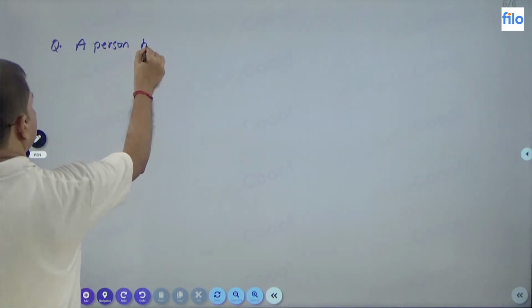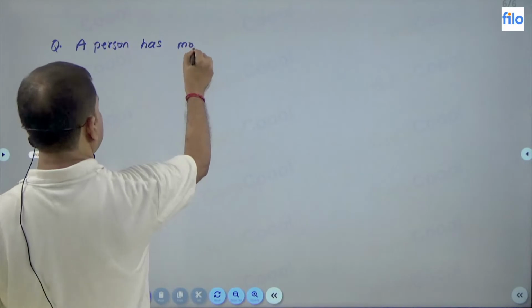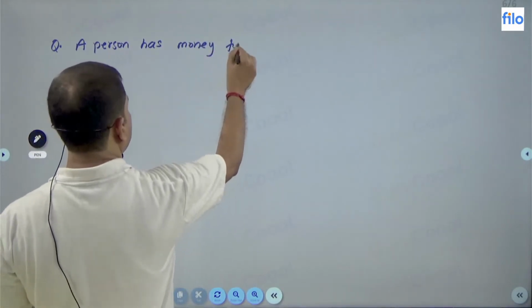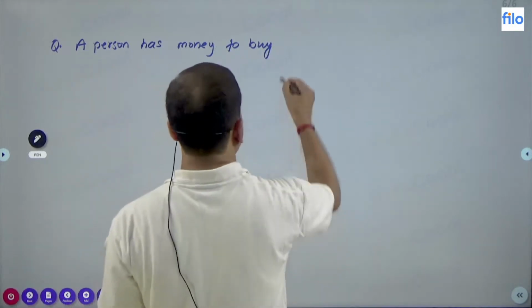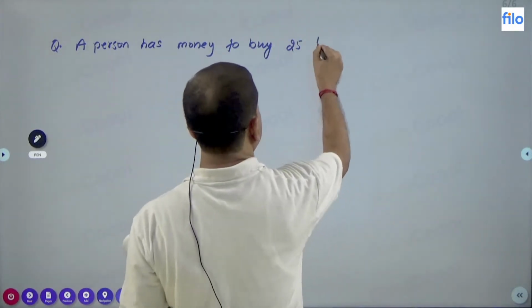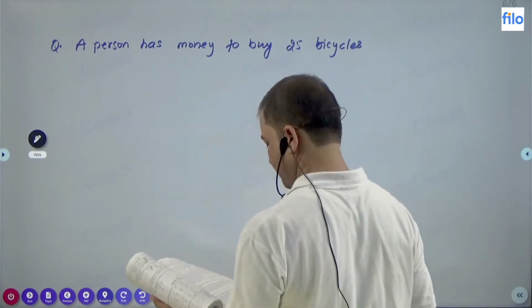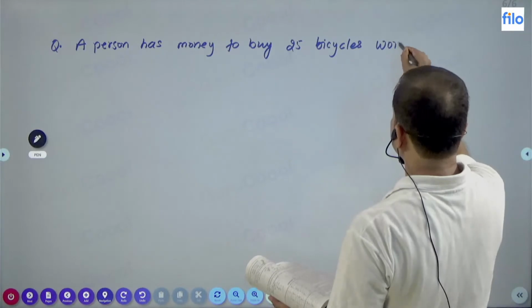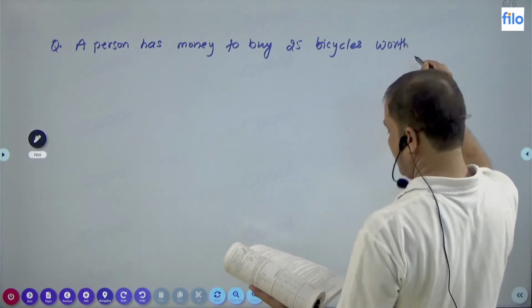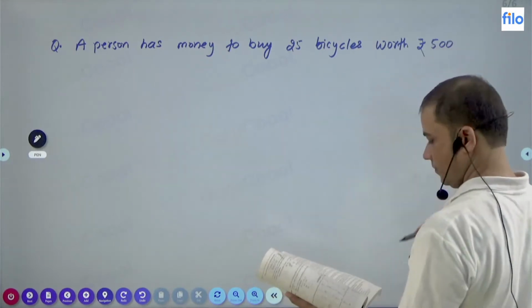A person has money to buy 25 bicycles worth rupees 500 each.